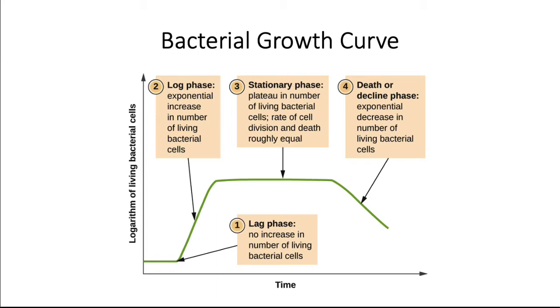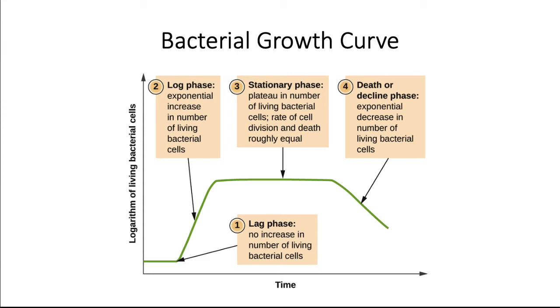For example, if you place cells from a certain medium into the same medium and the cells were growing happily before, the lag phase is going to be extremely short because nothing has changed. On the other hand, if you place cells that were growing in a medium with glucose into a medium that has no glucose but instead has lactose, they need some preparation to be able to metabolize lactose.